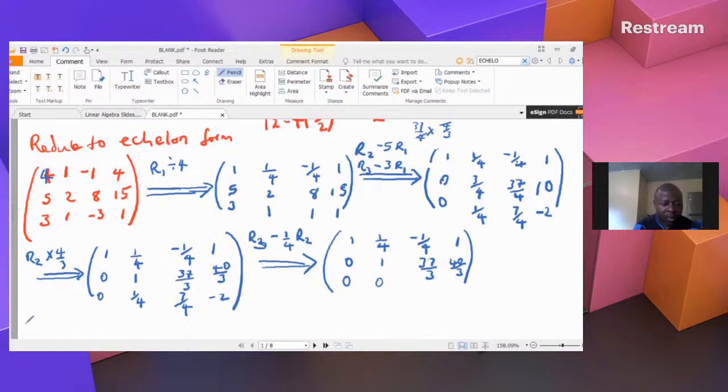This by a quarter, what do I get? I get that 7 out of 12. That's 7 out of 12. So this 7 out of 12, I subtract from 7 out of 4. And then the same denominator is 12.